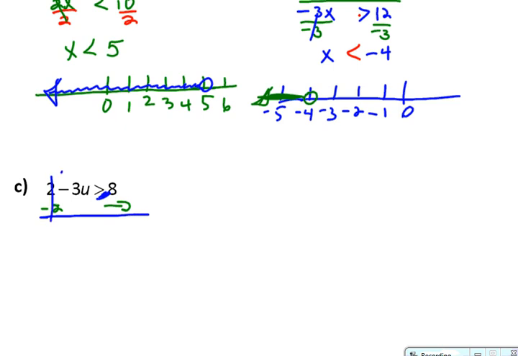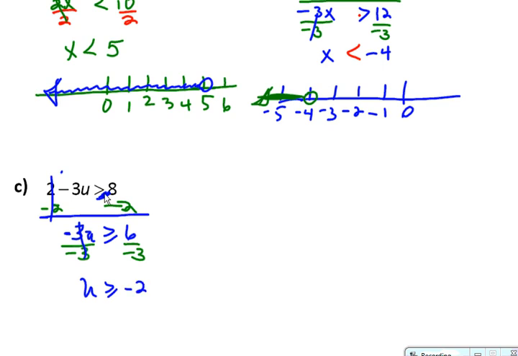This cancels, and this will leave me with negative 3u is greater than or equal to 8 minus 2, and that's 6. Then I will divide both sides by negative 3.